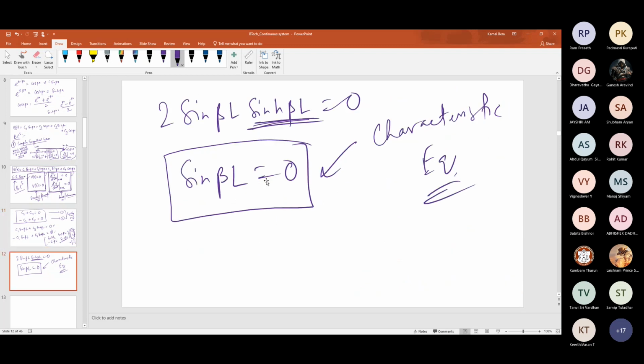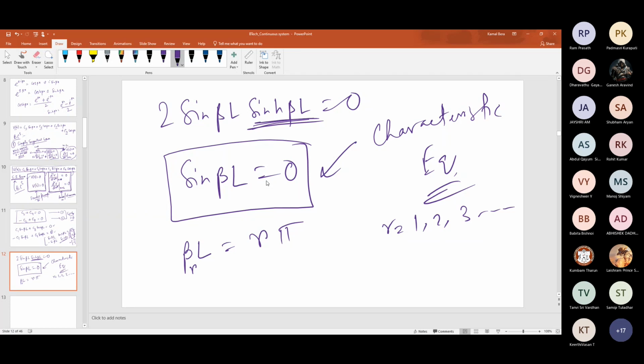Okay. What is the solution? Beta L equals n pi. So let us use r pi because we are using the rth mode, right? So beta r L, the rth solution, is r pi, where r equals 1, 2, and so on and so forth. So what is beta r?